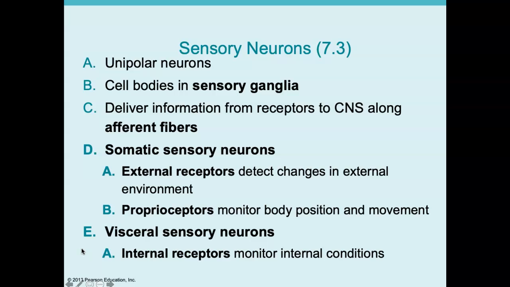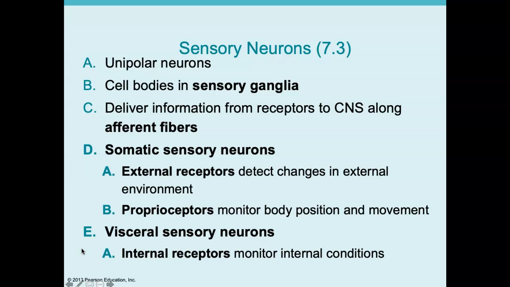And they are going to deliver information, senses, from our receptors to the CNS, and that's incoming information, so it's afferent. And again, here's a review of the information it's bringing in. Well, information from external receptors. An external receptor detects change in the external environment, like touch or temperature or pain.